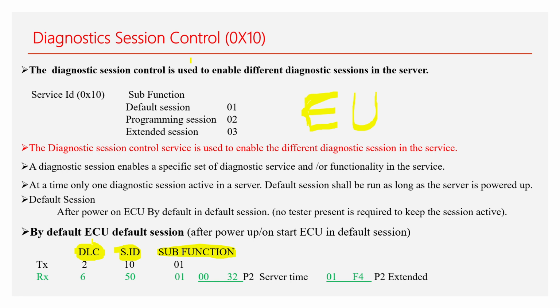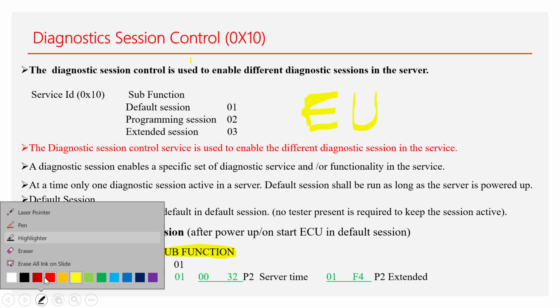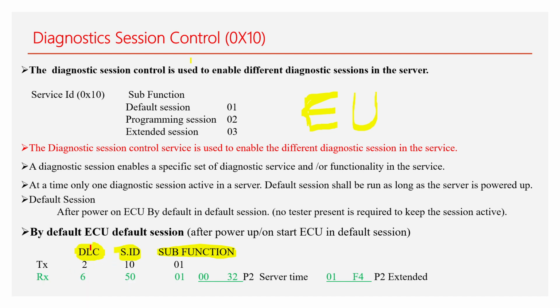In DLC also, see here, we need DLC, service ID, and subfunction. See, this is the request. You are giving the request.